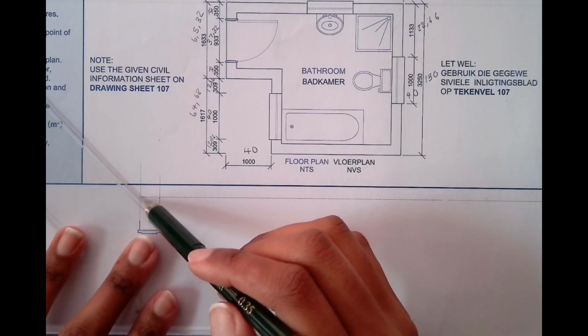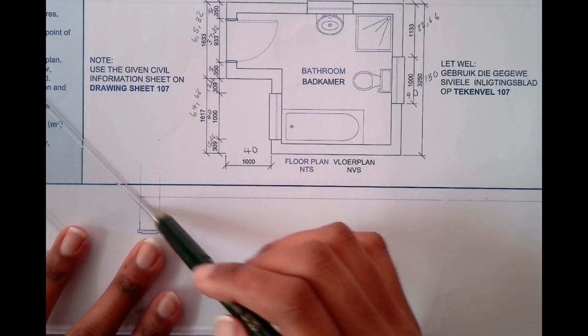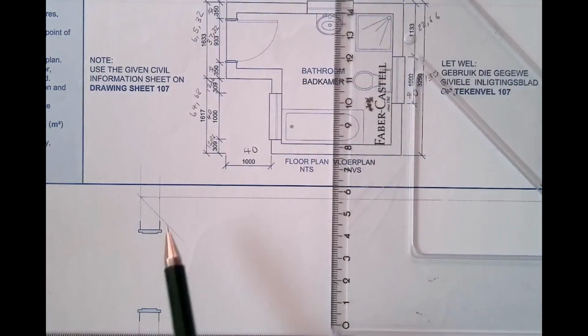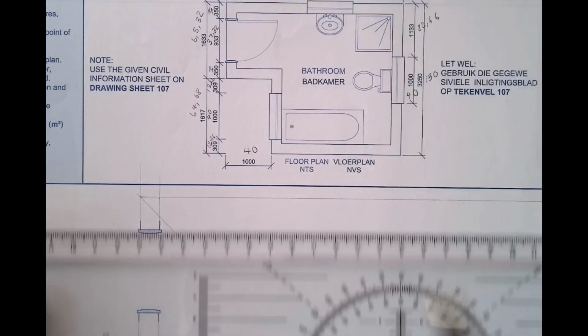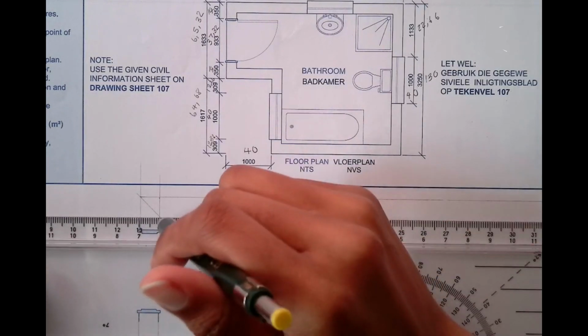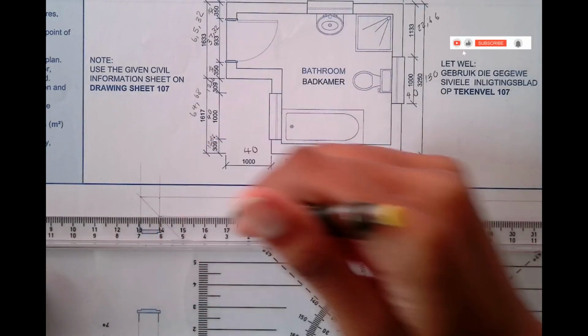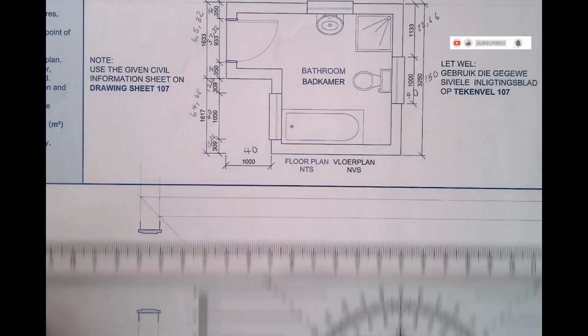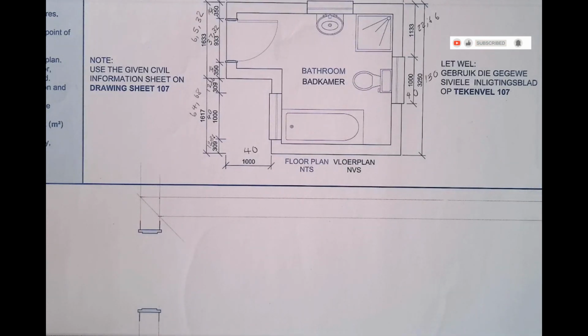So there's no need to measure. You just draw a 45-degree line using a construction line. As soon as that 45-degree line touches the line for the inner side of the wall, or intersects it, then you're going to have your wall at the back.